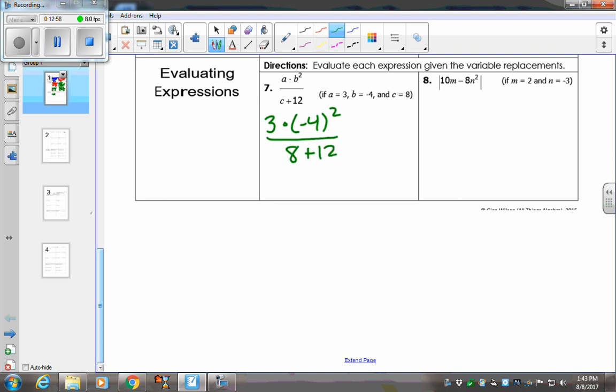What is negative 4 squared? Positive 16 times 3. What is positive 16 times 3? 48 divided by, what's 8 plus 12? 20. Reduce the fraction, and you get 2.4.